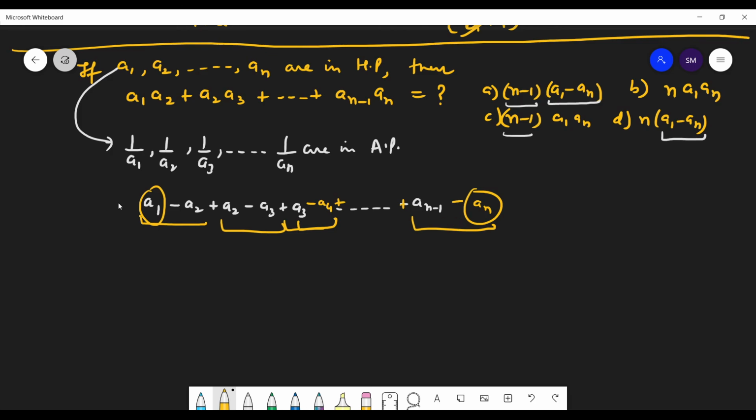What will this be equal to? A1 minus an, isn't it? We have done these kind of questions in the past also. Can we write it like this? Yes.